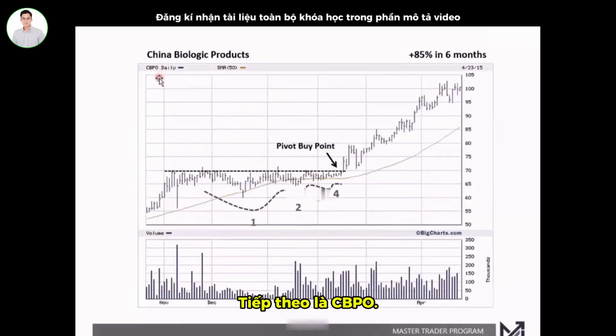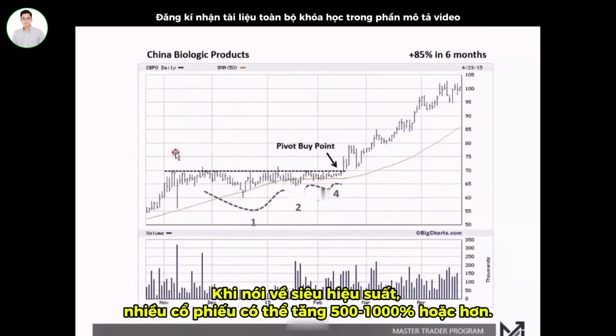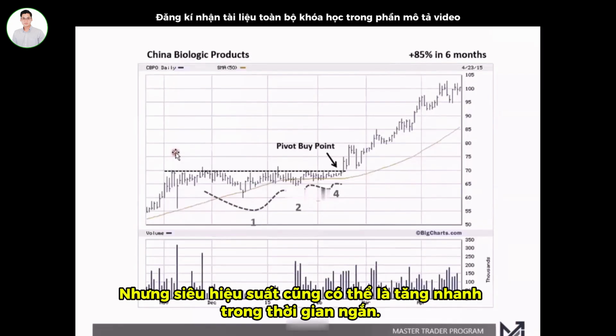So again, looking at CBPO. This is another stock, and again, we're looking for super performance. I know we're going to look at a lot of charts here, and many of these you'll see went up 500%, 1,000%, 8,000%. Super performance is also quick moves, very fast.